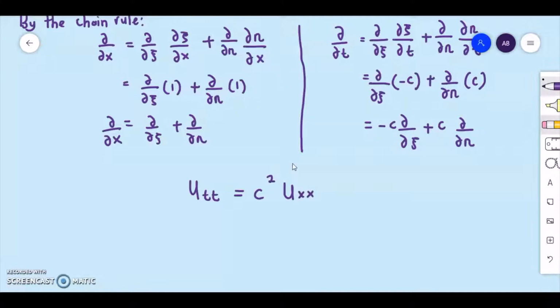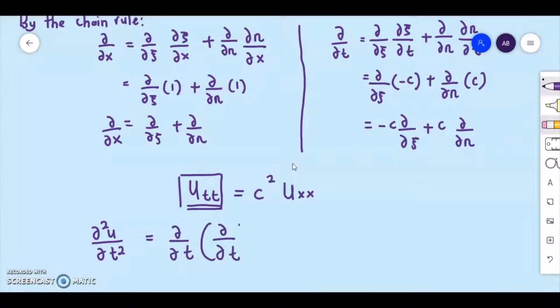Now we want to write this in a better form. Let's look at this term here. I can also write it like this, they have the same meaning, where this is partial over partial t of u. So this is partial with respect to partial t.